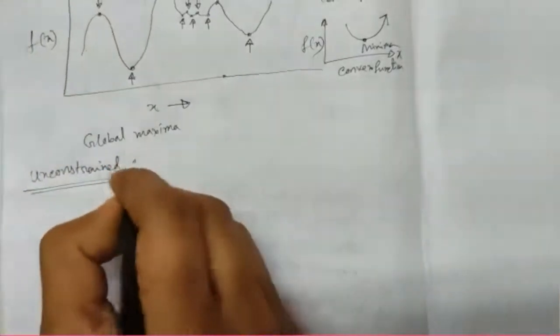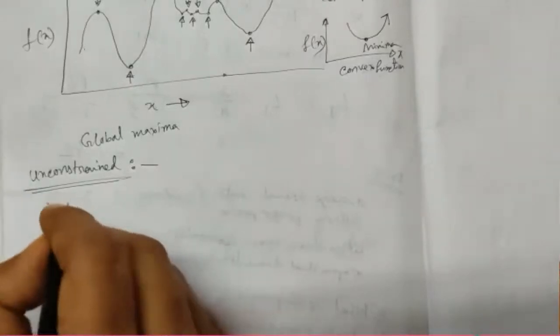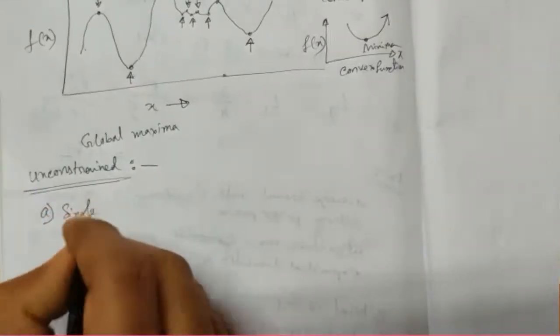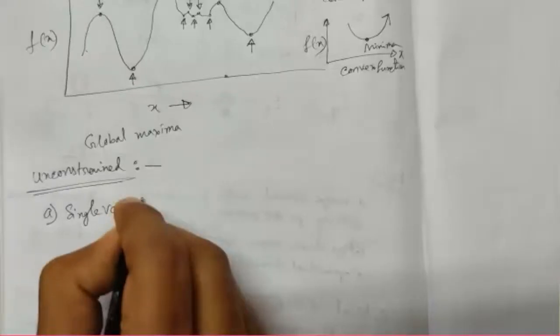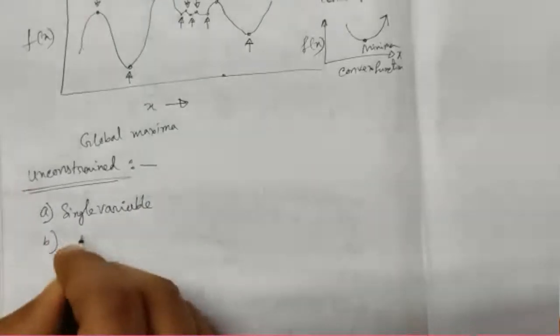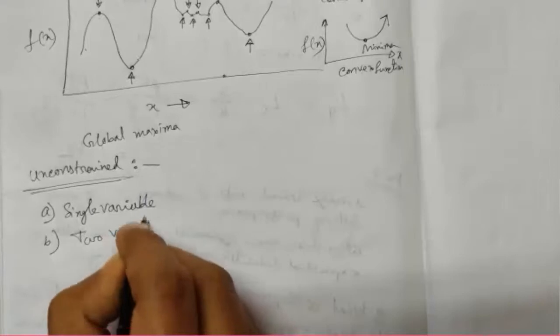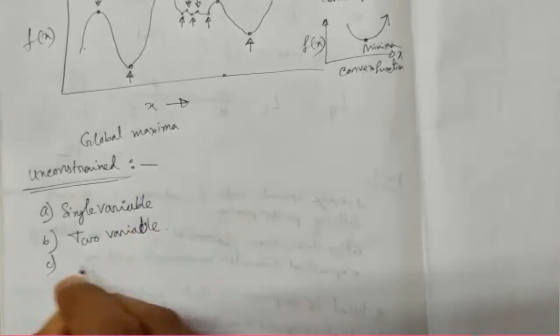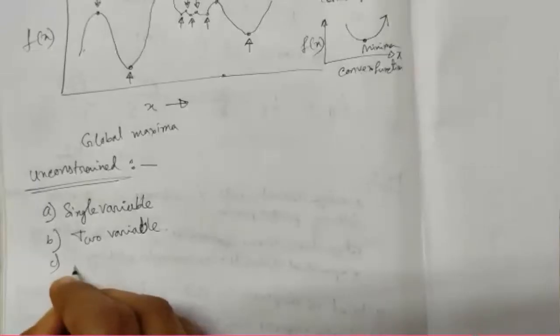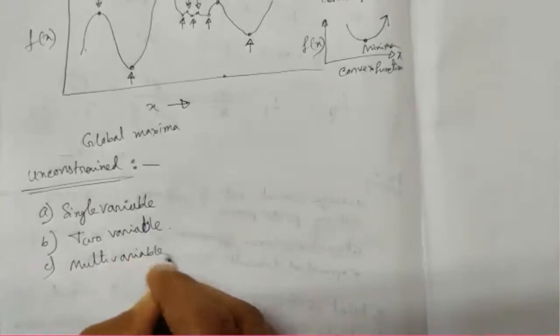Unconstrained nonlinear programming problems. There are three types of problems. Option 1 is a single variable. Option 2 is two variable, and option 3 is multivariable.